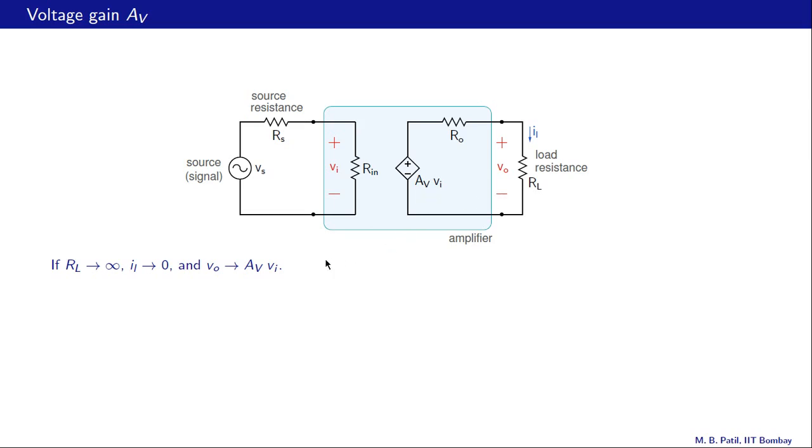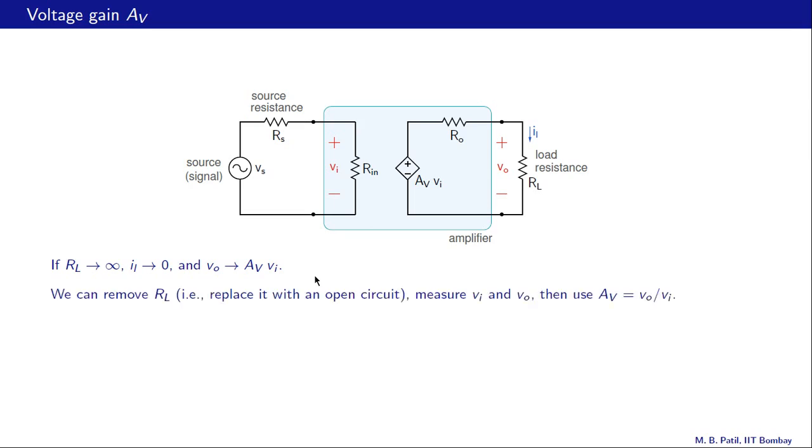So that suggests the following method to obtain AV. Remove RL, replace it with an open circuit, measure VI and VO, measure this voltage at the input of the amplifier, measure VO, and then AV is given by VO divided by VI. As simple as that.